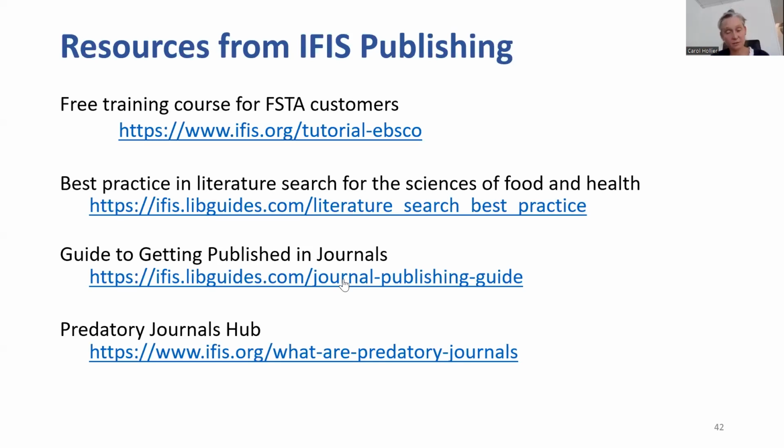This is to give you an introduction and a good guidance on how to do literature search, not randomly, but to do it systematically and comprehensively, and to judge the results that you get back. And then also, if somebody's at the point where they're ready to publish, we have a guide to getting published in journals, which includes information about avoiding predatory journals, which of course nobody will want to be publishing in, and also the Predatory Journals Hub that I just mentioned.